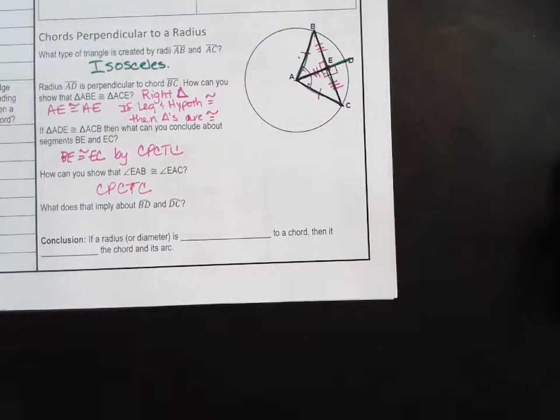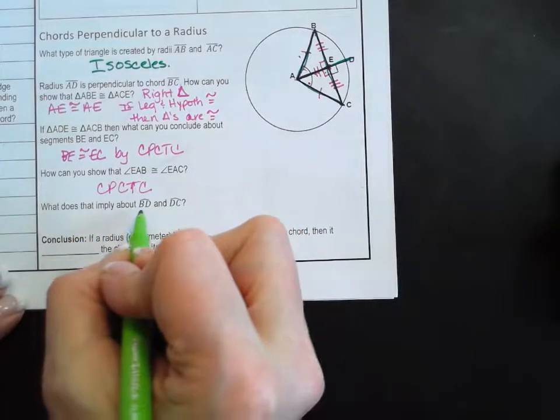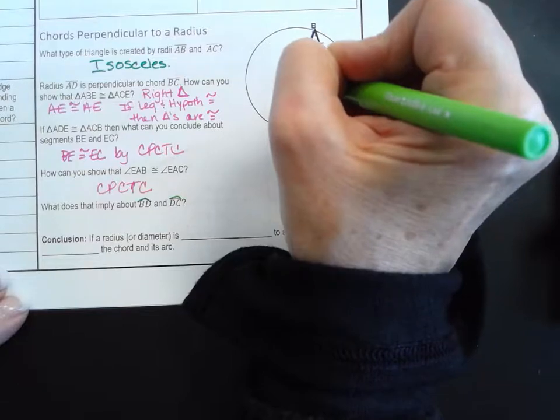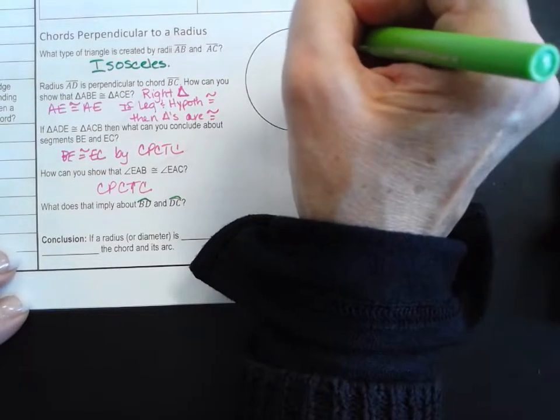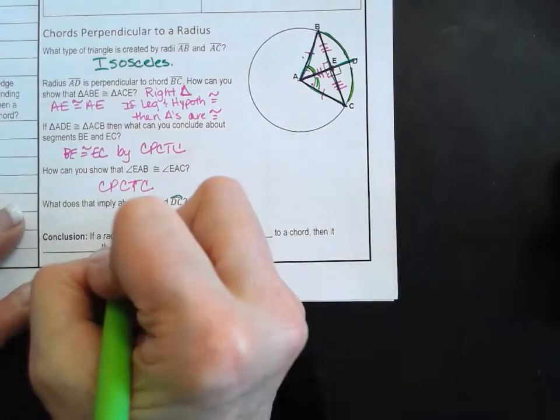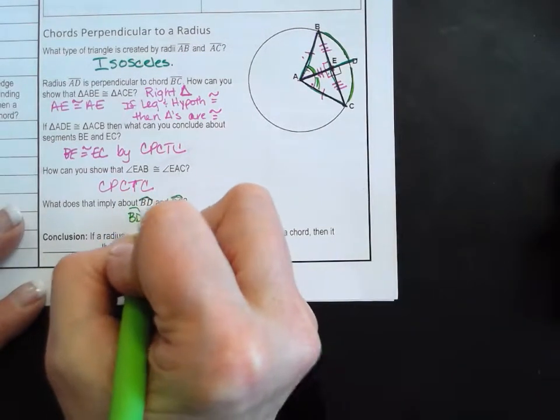And so what does that imply about my arcs? If this angle is congruent to that angle, what does that tell me about these arcs? It means my arcs are going to be congruent, right?